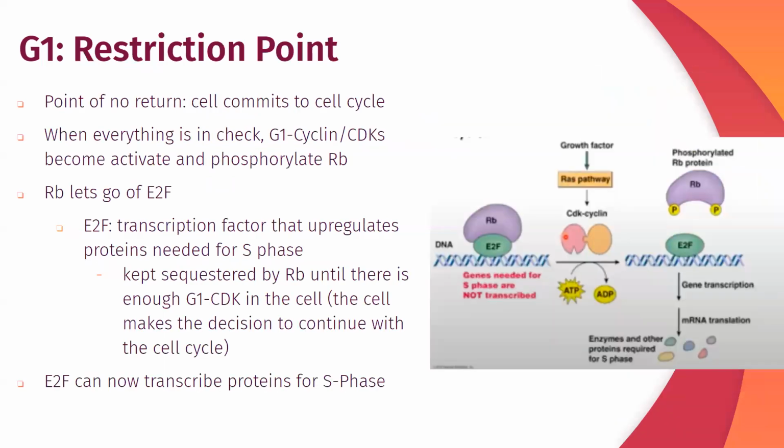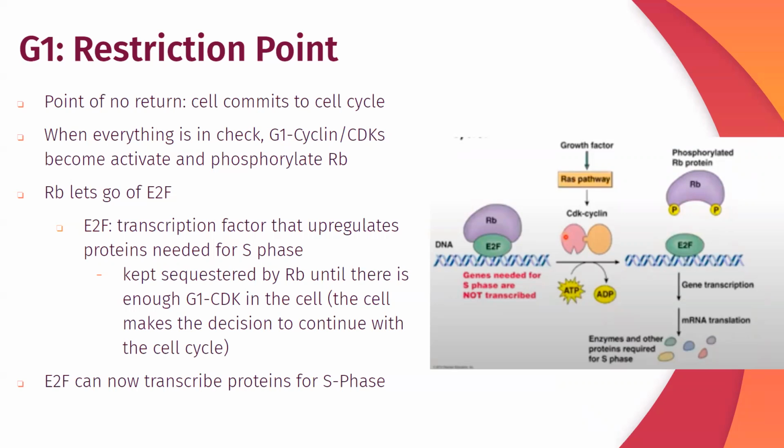Restriction point: it is the point of no return, and the cell will then commit to the cell cycle. Everything's already been checked for. You have enough nutrients, machinery, proteins, and enzymes. G1 cycling CDKs become active, and RB, which is that big molecule holding on to E2F, is phosphorylated.